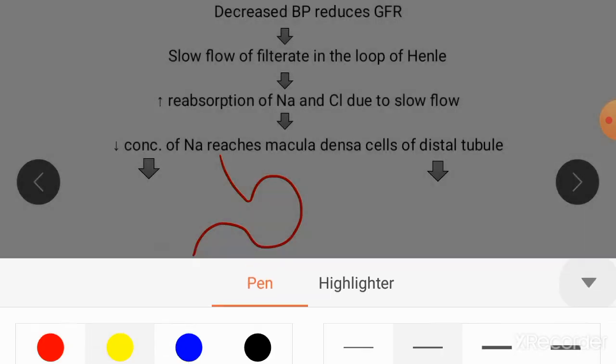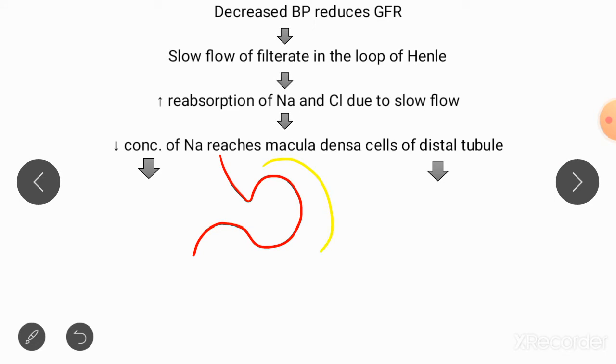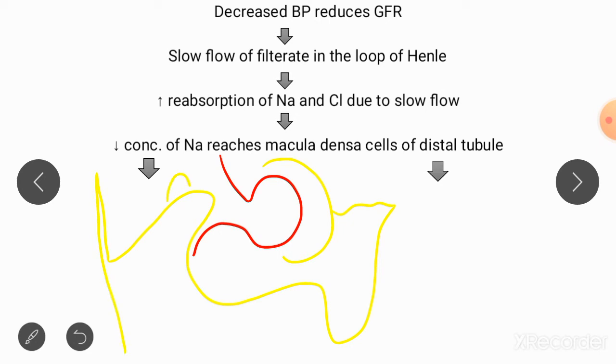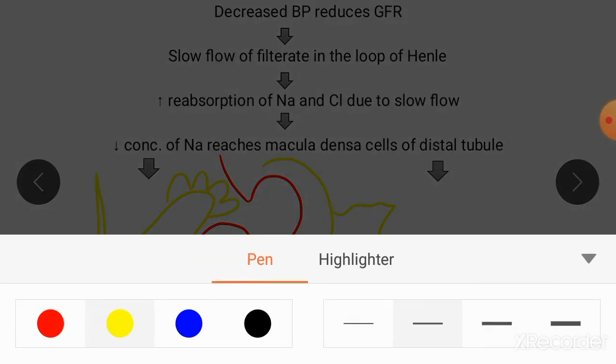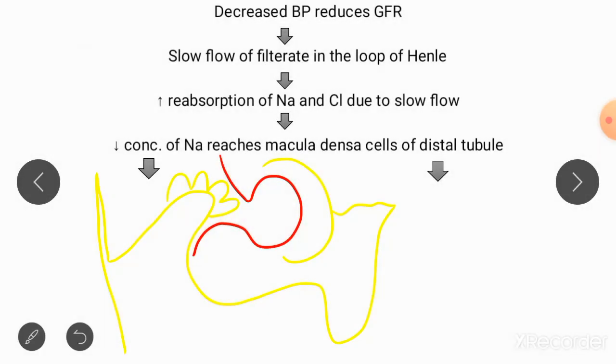Your nephron is so placed that this is your Bowman's capsule, your proximal convoluted tubule, your loop of Henle, and your distal convoluted tubule passes between your afferent and efferent arterioles, and then it forms your collecting duct. So your macula densa cells are present between your afferent and efferent arteriole, and immediately when they detect decreased concentration of sodium, they are going to send signals to your afferent arteriole and cause dilation of your afferent arteriole.